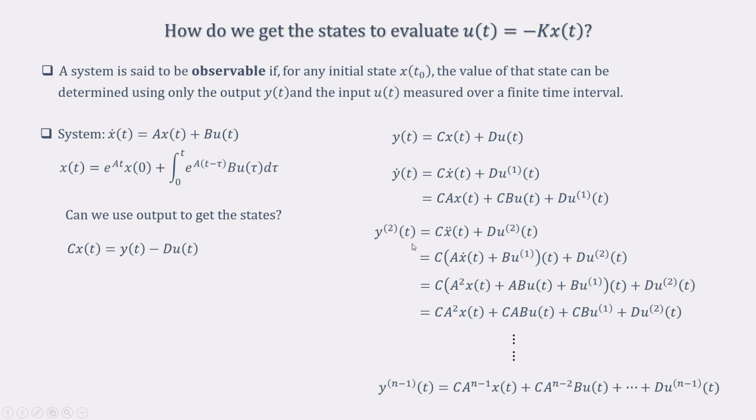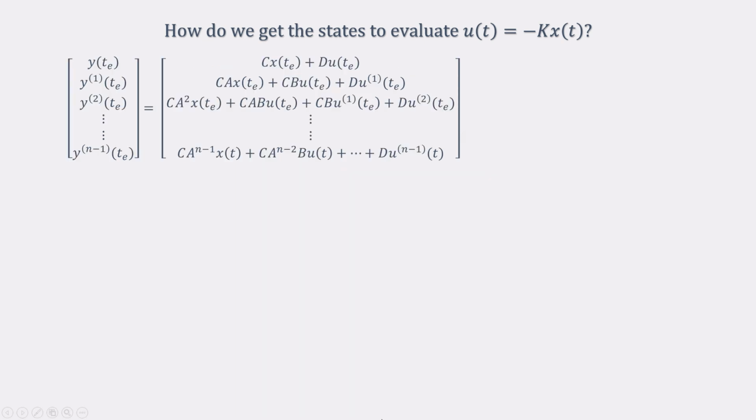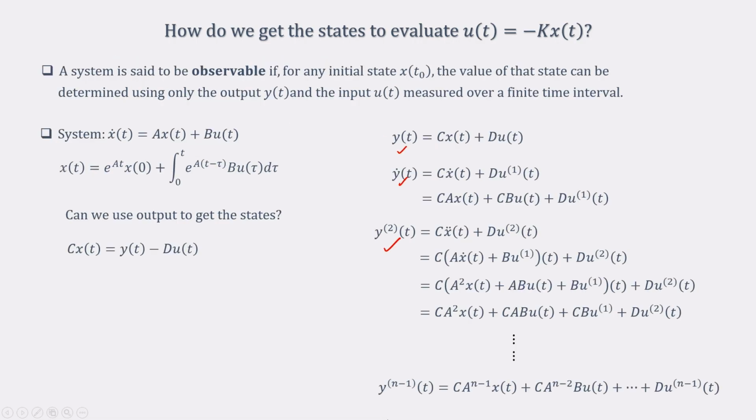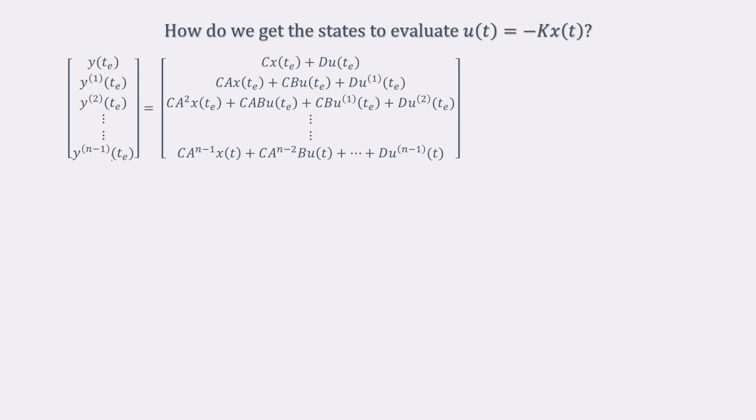Now, how does this help us? If I write all these equations, y dot, y double dot up to this term, in a matrix form, I will get something like this, and I can find these expressions at a particular instant, say t e. So, I have measured these expressions and found this matrix equation.